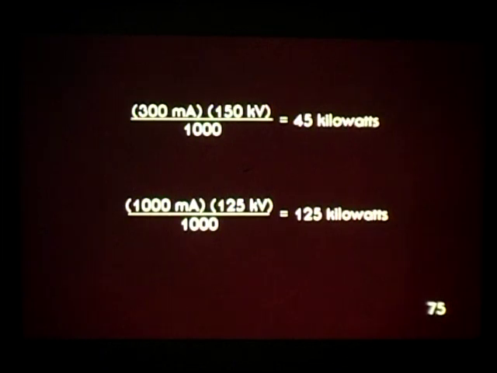The same generator may be rated at 125 kV when the mA is 1000. The power rating is then 1000 times 125 divided by 1000, or 125 kilowatts. To determine the power rating of a generator, you must know the maximum mA that the generator can deliver at a given kVp.